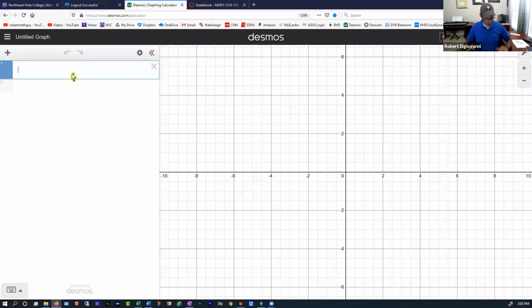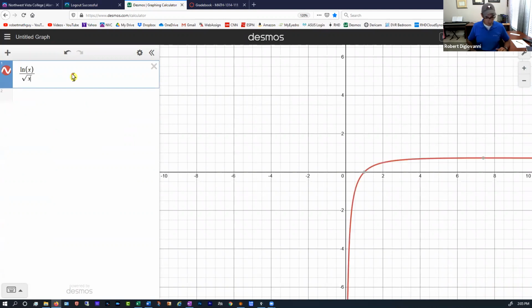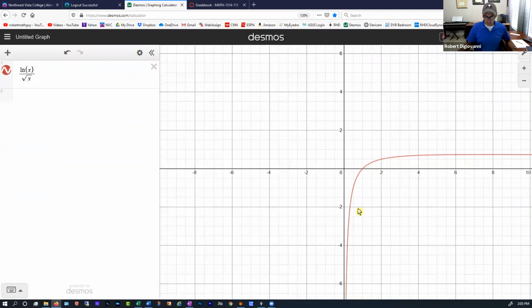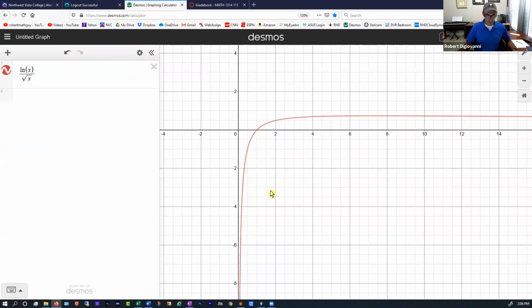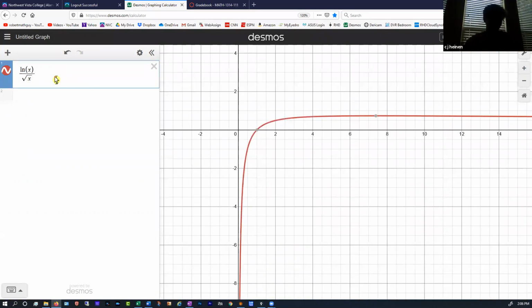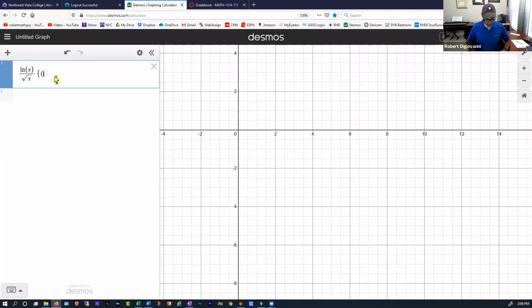The function was natural log of x over the square root of x. And we were looking on what interval? 0 to 2.7. Right, so 0 to less than or equal to e.